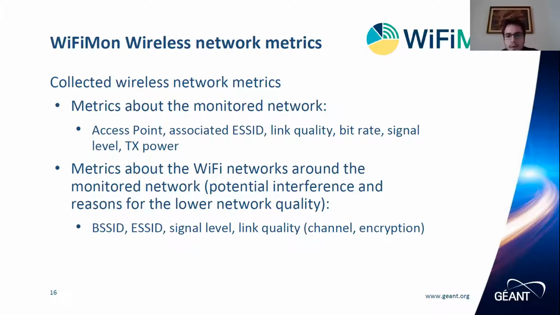You can also obtain important information about the surroundings of the hardware probe in order to check what is the reason for lower network quality. And this could be the MAC address of the nearby access points, their associated ESSID, and the signal level and link quality of them. In the future, we will also include the channel encryption. It is rather easy. It is a few lines of code. It is just something that we did recently.